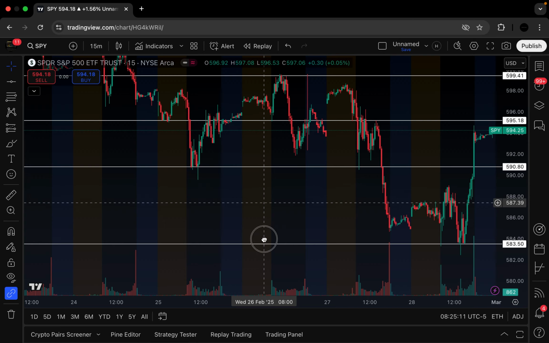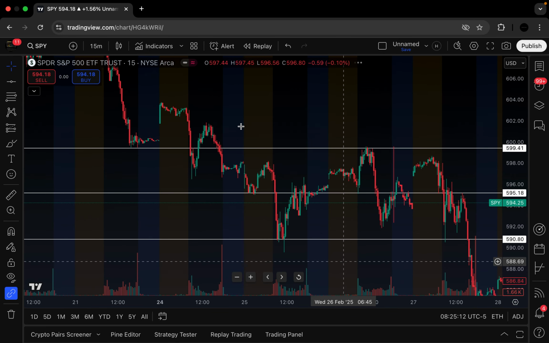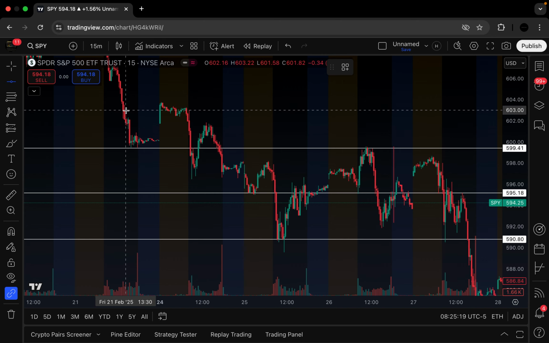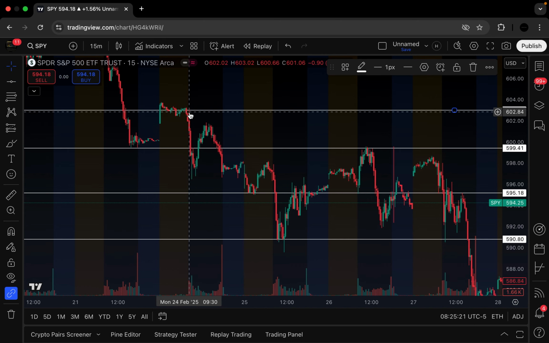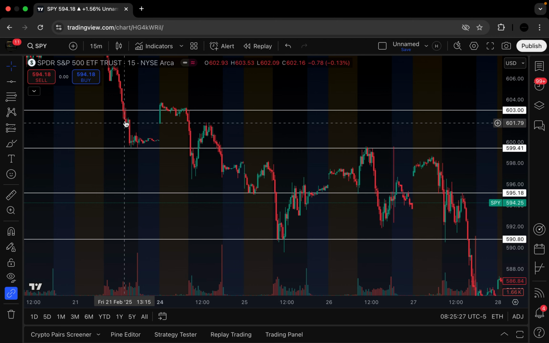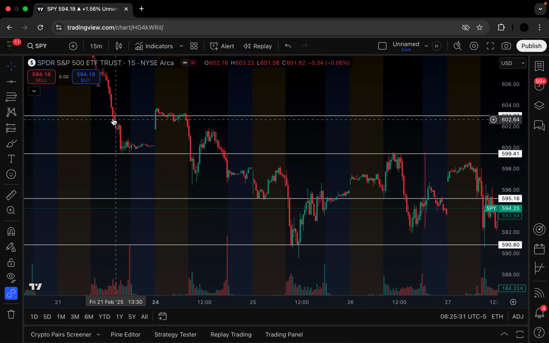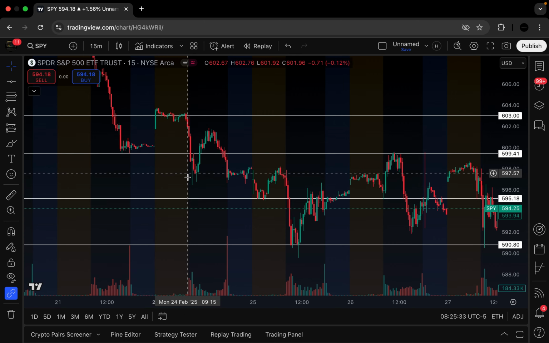So let's just go ahead and stick to those, and we'll add one more. So we'll make this a key pivot right here. All right, guys, this was the open right here as a key pivot. And then, as you guys can see, look what happened the previous day. We got a reject. Key pivot to key pivot.